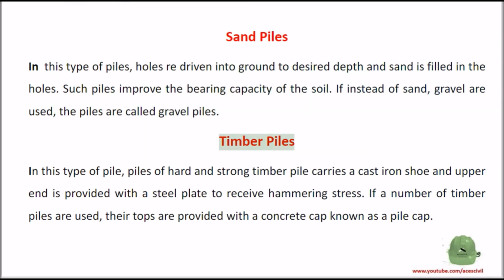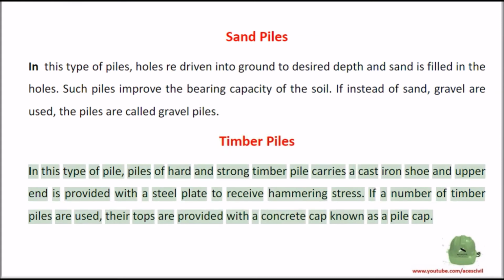Timber piles. In this type of piles, a hard and strong timber pile carries a cast iron shoe, and upper end is provided with a steel plate to receive hammering stress. If a number of timber piles are used, their tops are provided with a concrete cap known as a pile cap.